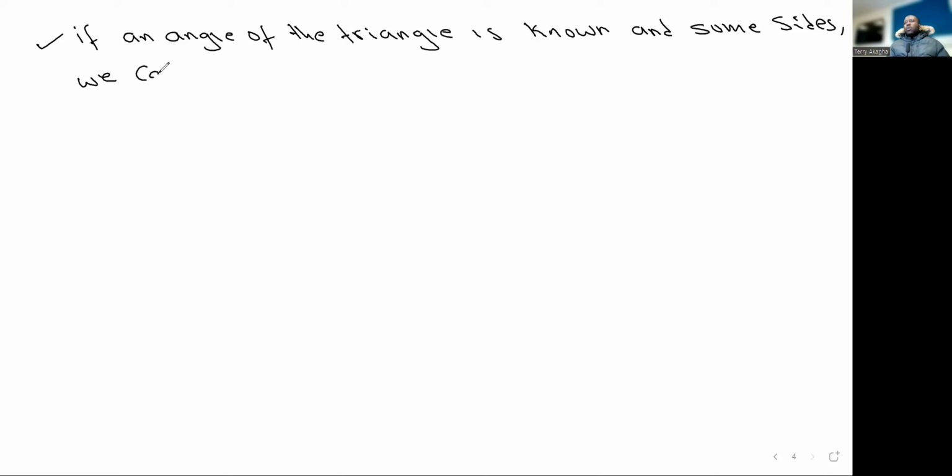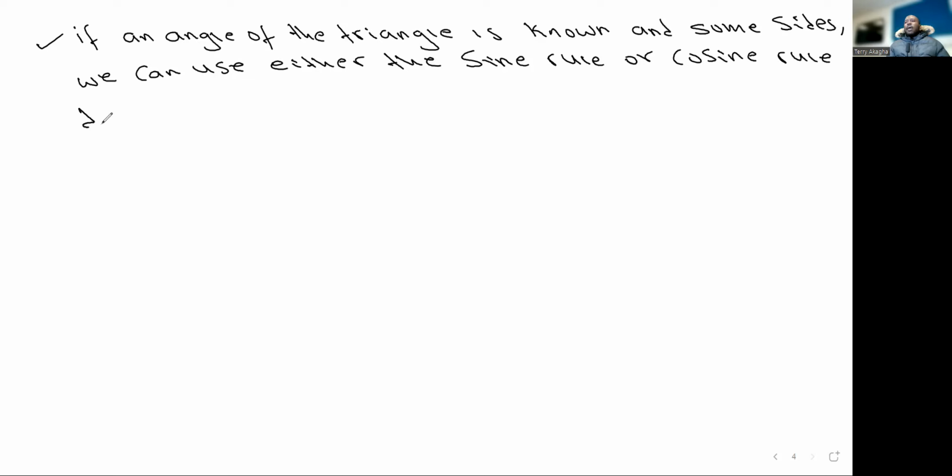We can use either the sine rule or cosine rule, depending on the information given, okay? So you have to go back to my playlist on trigonometry where we talked about when to use sine rule and cosine rule, okay? So it's very important, all right, to go back and have a look at that.